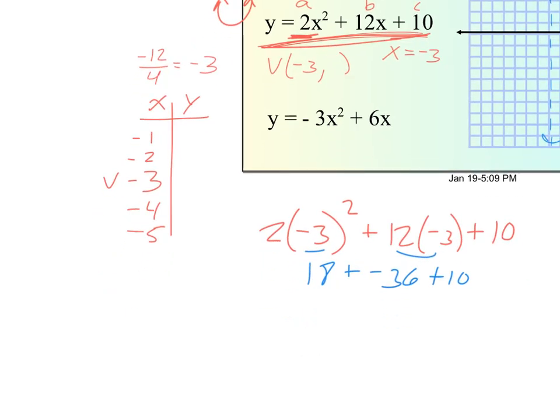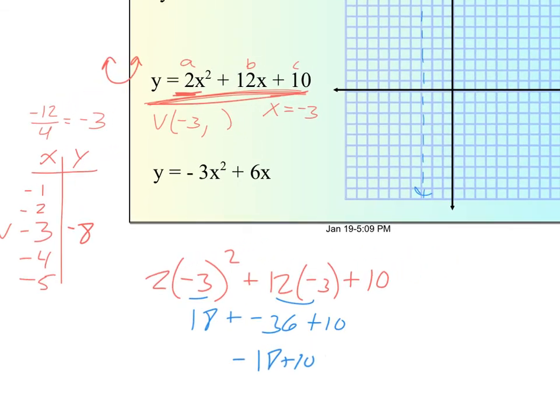So 18 plus negative 36 gives me negative 18, and then plus 10, I'm getting negative 8 here. So it's negative 3. Oops, I said the right thing, but I wrote the wrong thing. Negative 8. Well, I'll just erase.